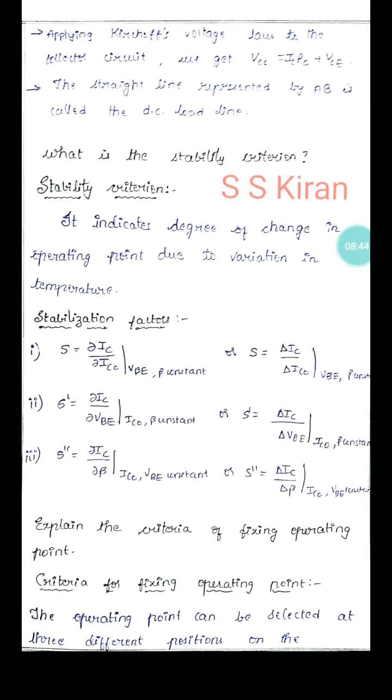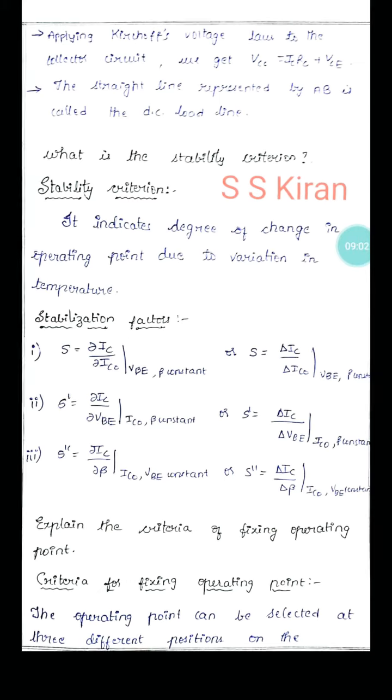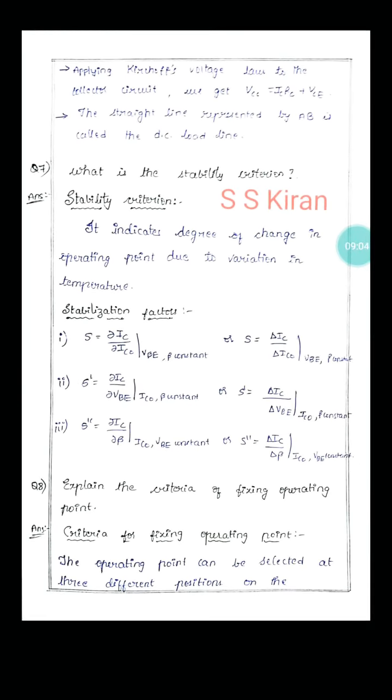The third stabilization factor is S double dash, dou IC by dou beta at IC naught, VBE constant, or S double dash is equal to delta IC by delta beta at IC naught, VBE constant. These 3 are called stabilization factors. What is the criterion? It indicates the degree of change in operating point due to variation in temperature.